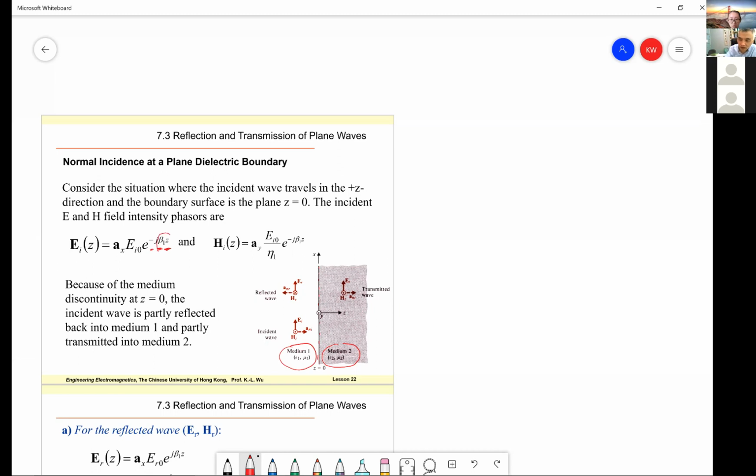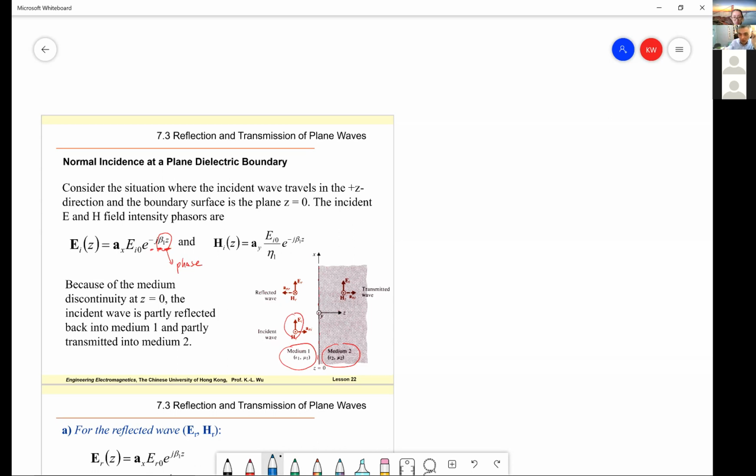This is a phase. And what is the polarization direction of this wave? The polarization direction is x direction. So I draw here, polarized in x direction.